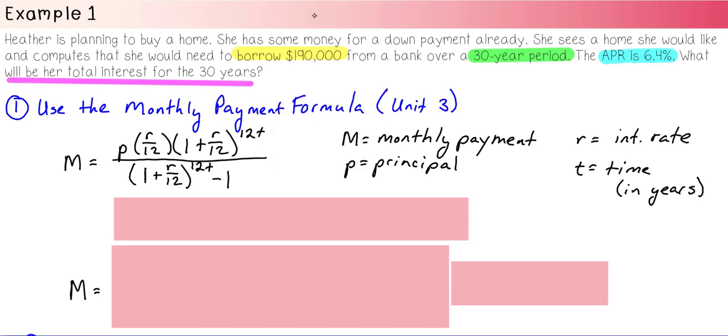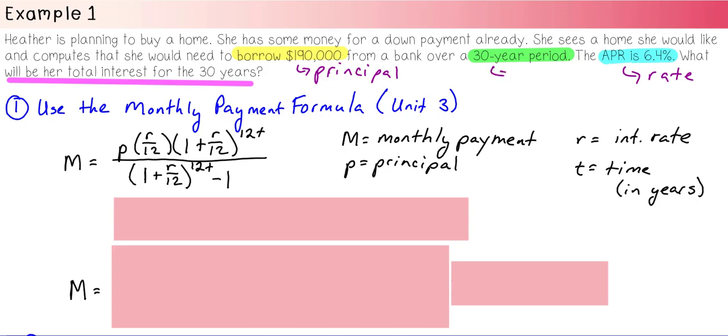So when we look at this, we want to go back to our Unit 3 and use our monthly payment formula, which is listed right under here. And for that, we're looking for the monthly payment. We need to know what the principal is. The principal is $190,000. We also need to know what our interest rate is. That's our APR, and it's 6.4%.